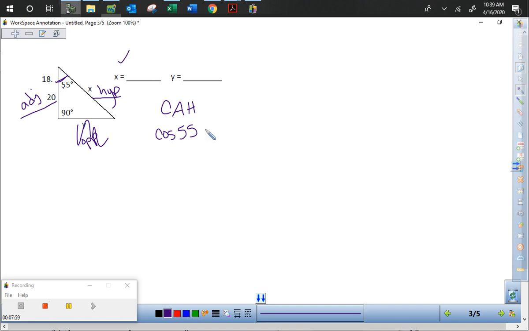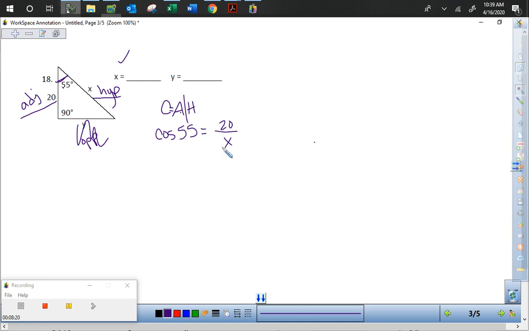Then we set up an equation, and those fractions that we were practicing up above, we put on the other side. So we said adjacent over hypotenuse, so the A goes on top, and then the hypotenuse on the bottom. So adjacent was 20, and then our hypotenuse was x. And now we have an equation that we get to solve, okay?